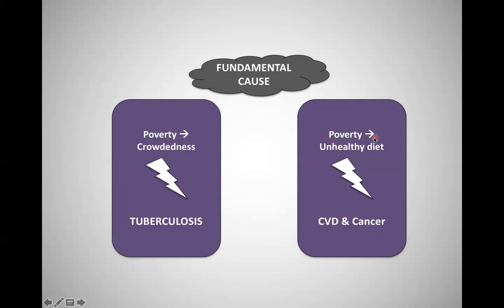The fundamental social cause has transformed the pathway and the health outcome, but it itself has not been transformed. It remained a fundamental cause of poor health, irrespective of whether the pathway is unhealthy diet or crowding, or whether the outcome is cardiovascular disease or tuberculosis.